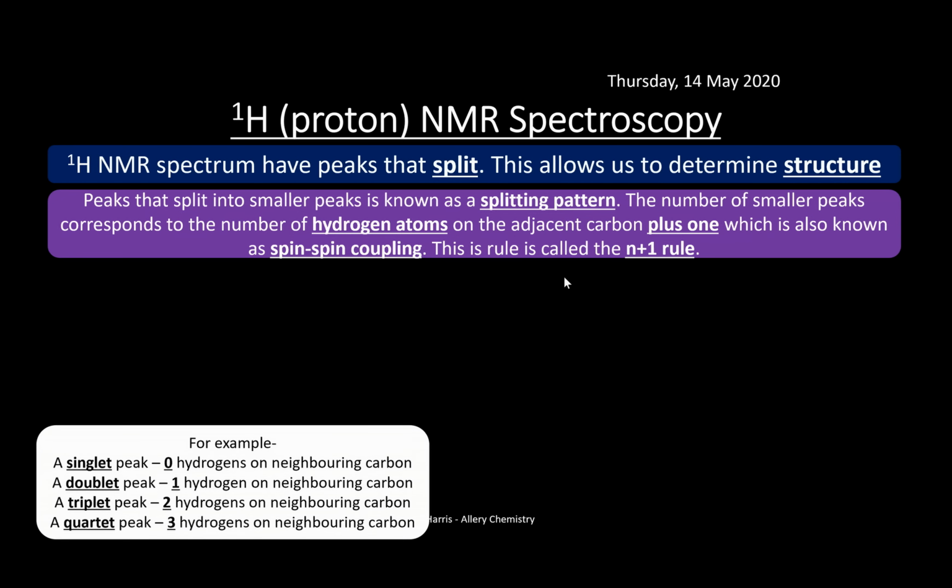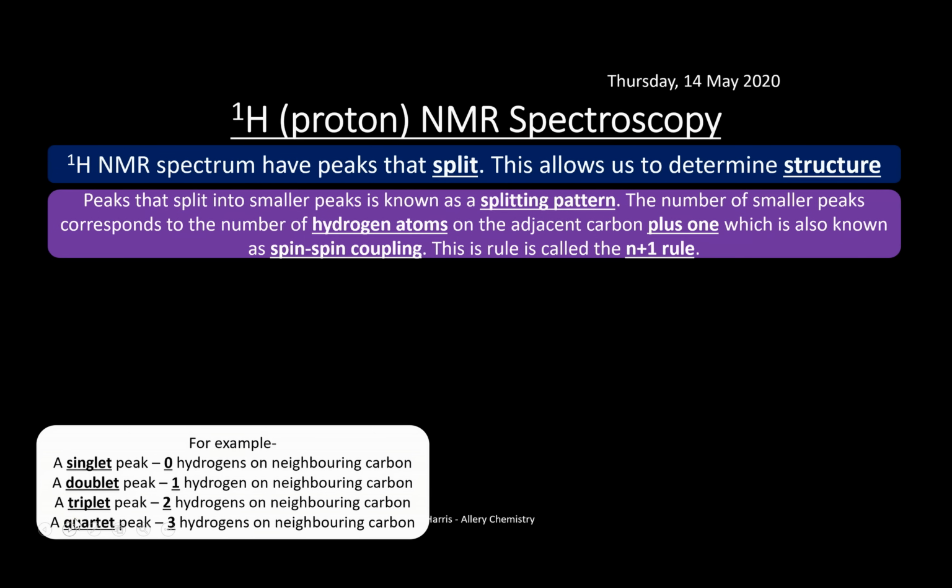So what we're looking at here, remember what we said with proton NMR, is it's mainly all about what's next door to the carbon, not the actual hydrogen itself in question. So we're always looking about, okay, what's next door? So it's quite a nosy form of spectroscopy. So what we're looking for is we get different types of splitting pattern, and we call these splitting patterns either singlets, doublets, triplets, quartets.